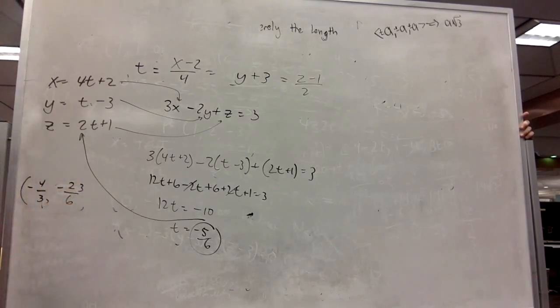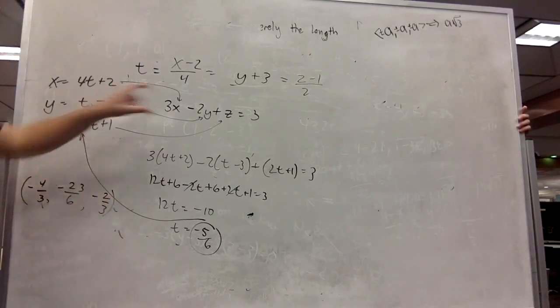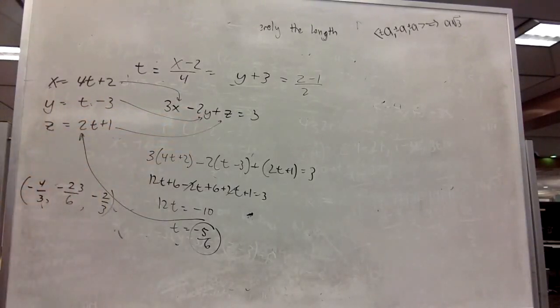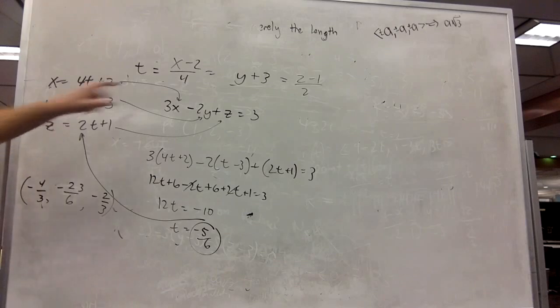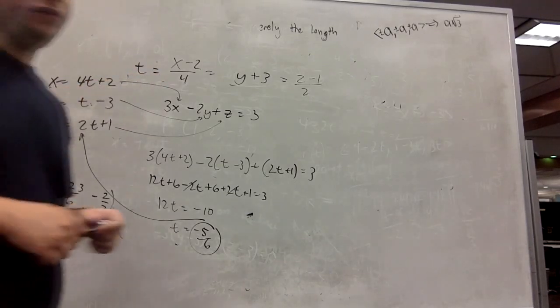And then negative 5 thirds plus 1 would be negative 2 thirds. That would be the coordinate. You can check by plugging it in there and making sure it actually satisfies the plane. That would be the point at which the line intersects that plane. It's a lot of work there. We'll do this last question, then take a break.